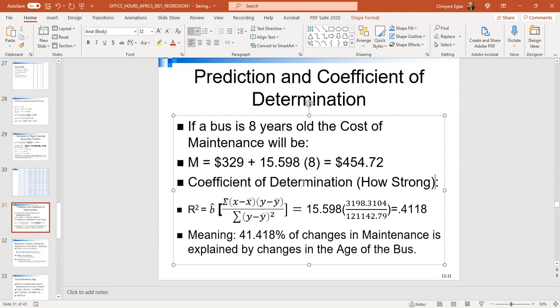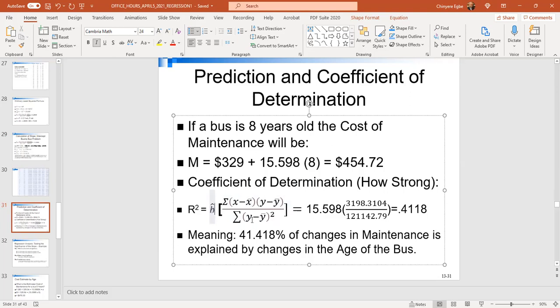Now, how strong it is is calculated using what we call the coefficient of determination. And it's called R squared in regression analysis. And so we use b hat times this formula here, which is summation of x minus x bar times y minus y bar.